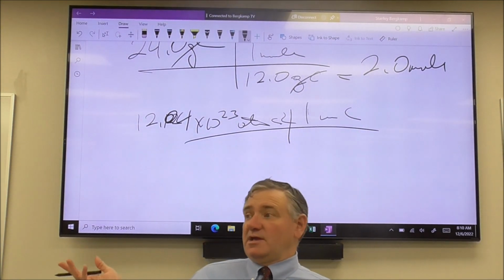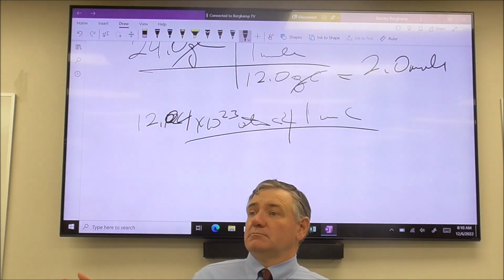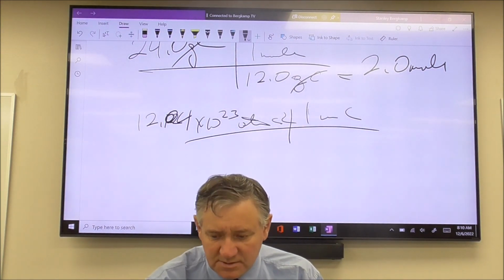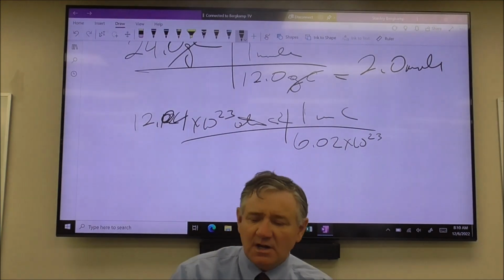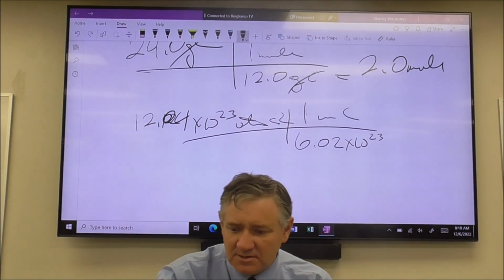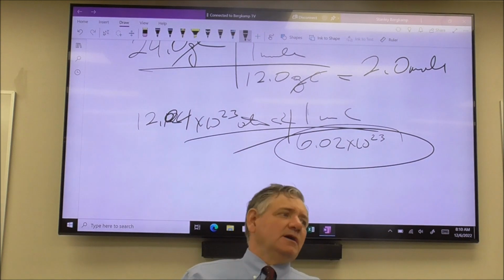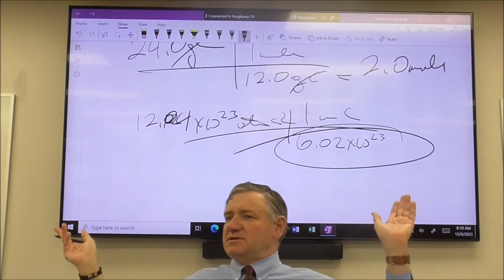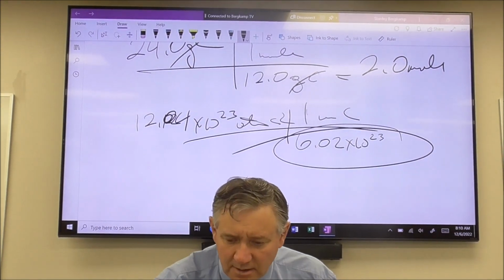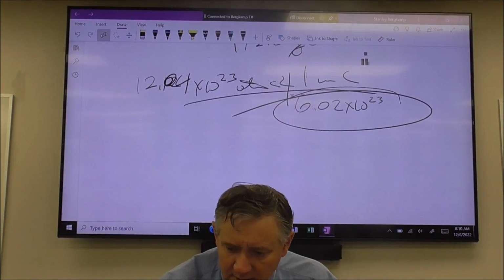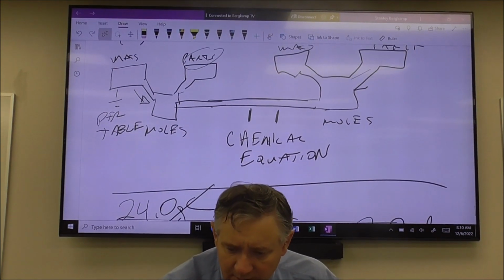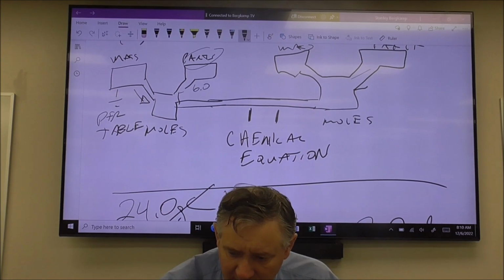Or 1 mole of anything, how many particles are there? 6.02 times 10 to the 23rd, right? So if you're dealing with parts, you use Avogadro's number. You go, oh, right, 6.02 times 10 to the 23rd. Okay. So if you're on this side over here, you're going to use Avogadro's number.